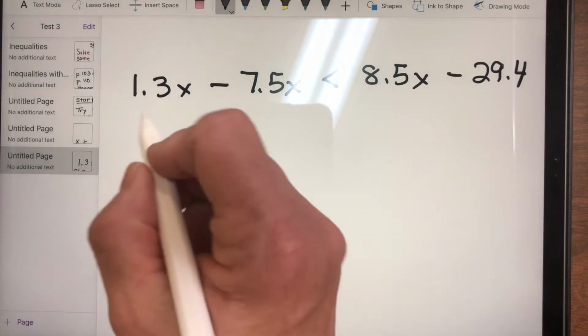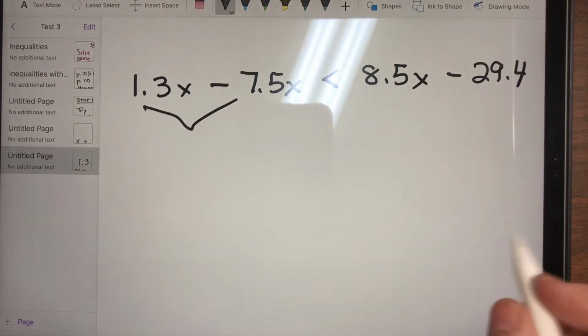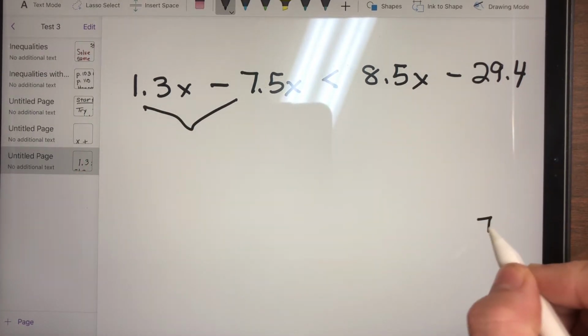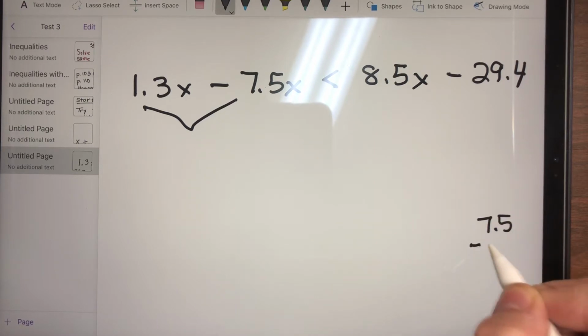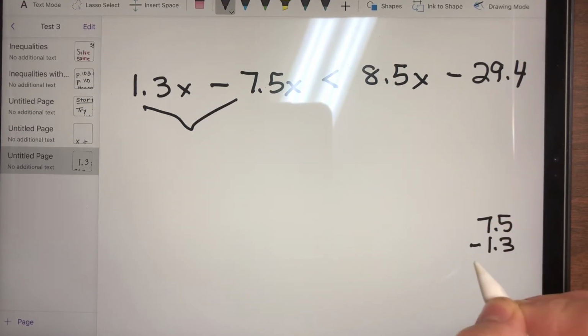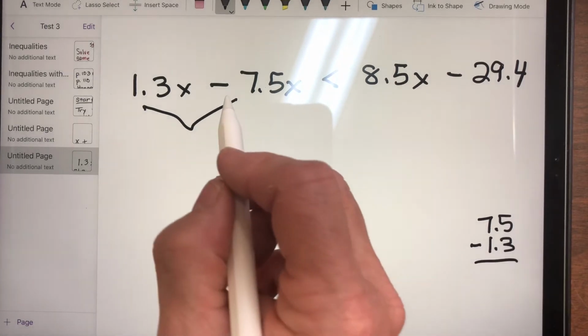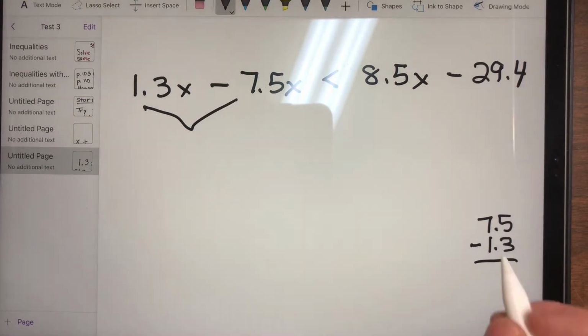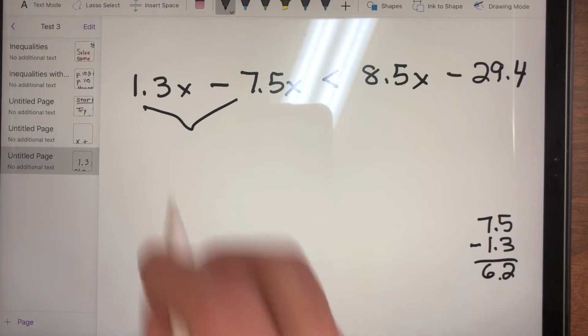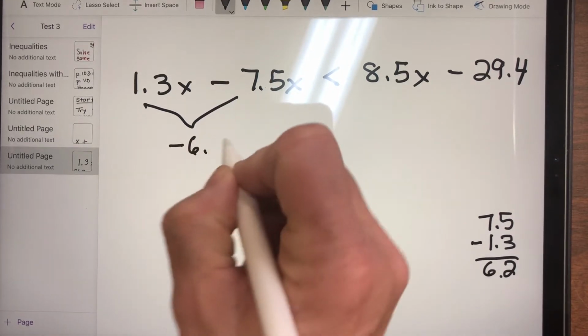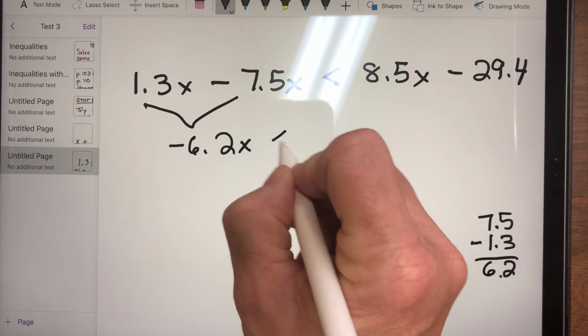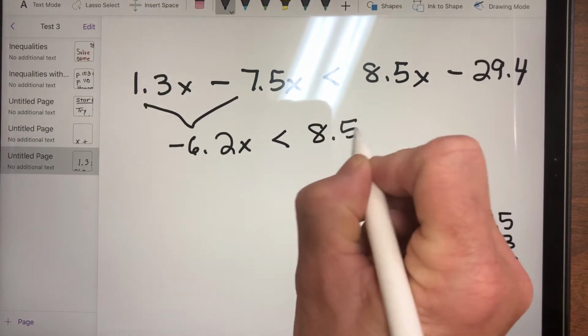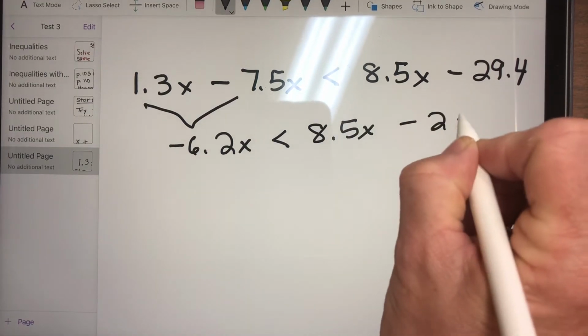We're going to combine these two terms, and I'm going to go over here on the side: 7.5 minus 1.3, and I have to do that because my larger number, this 7.5, is a negative. So am I going to have a positive or a negative here, Hillary? Negative. 6.2x is less than 8.5x minus 29.4.